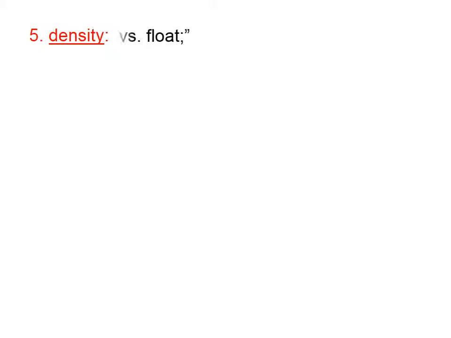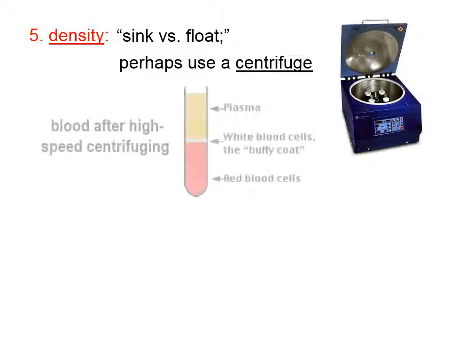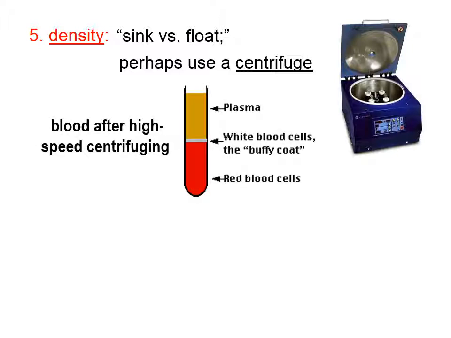We could separate the components of a mixture based on their density. Some things might sink while others float, for example. We might use a centrifuge, which is a device that will spin a sample at high speed, and the more dense component will sink to the bottom, and the less dense component will tend to stay at the top.